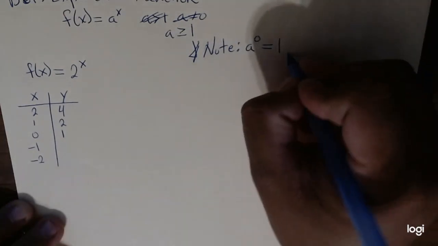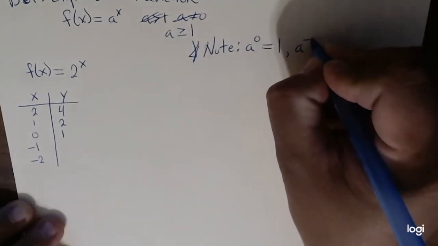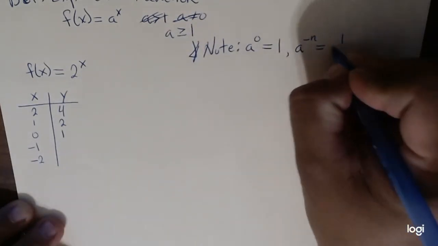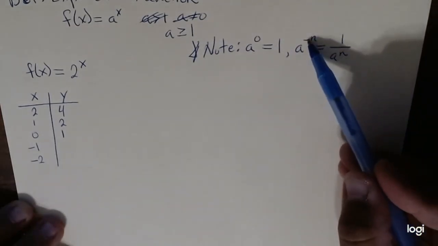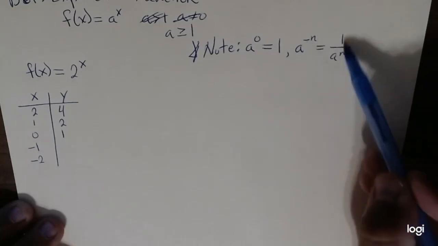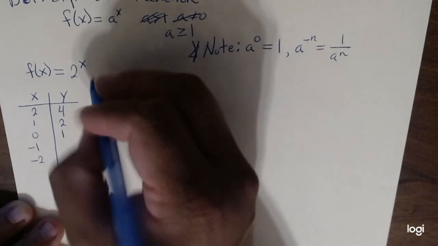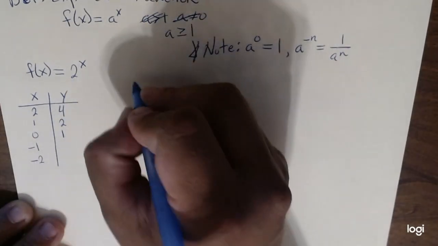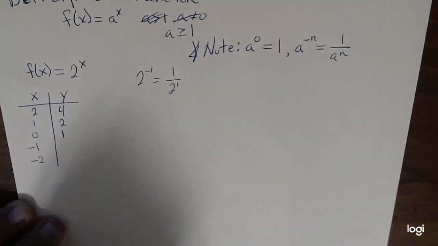The other property is that if I have a to the negative n power, this is the same thing as 1 over a to the n power. If you have a negative power, you can flip it to the bottom of the fraction and make it positive. So 2 to the negative 1 power is 1 over 2 to the first power, which is just 1/2.